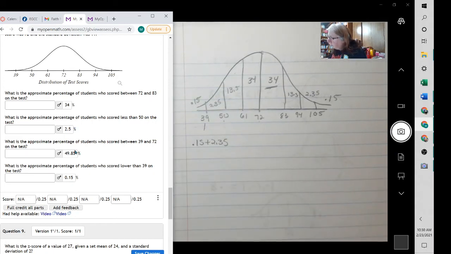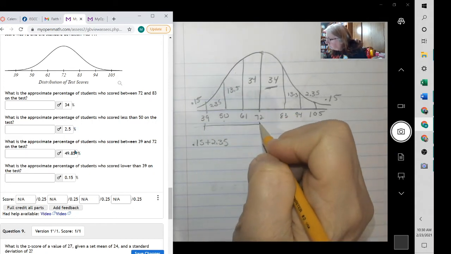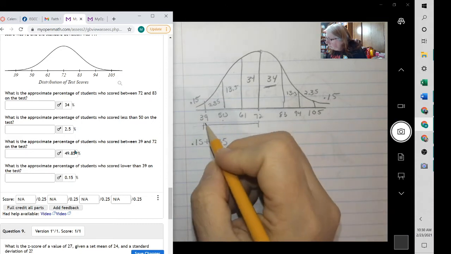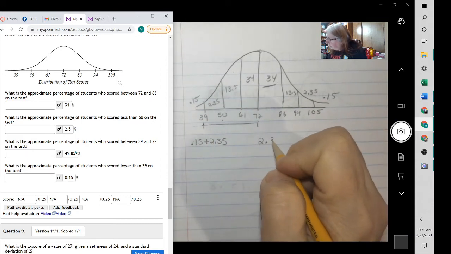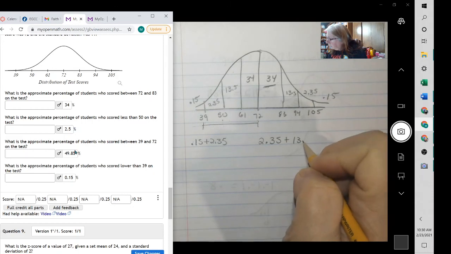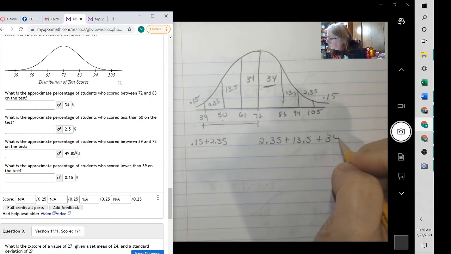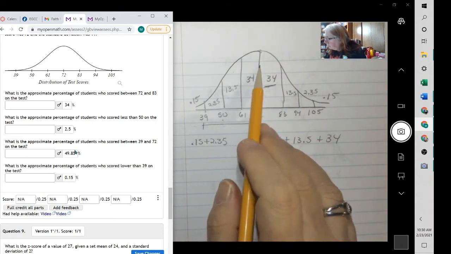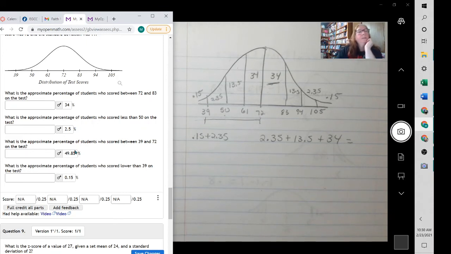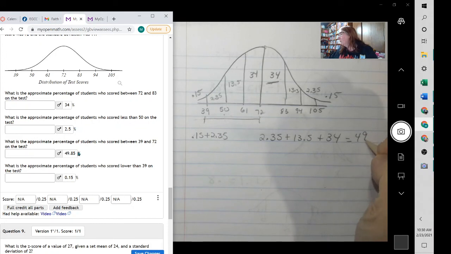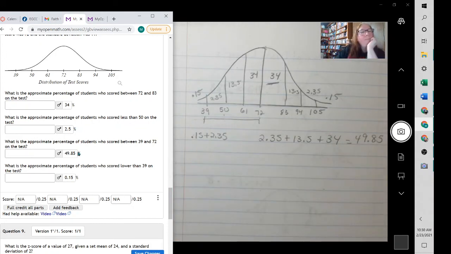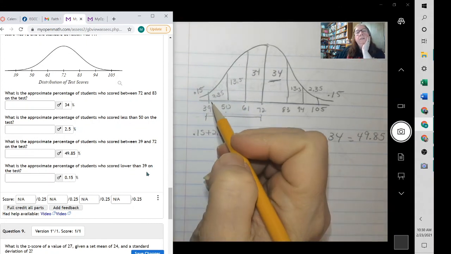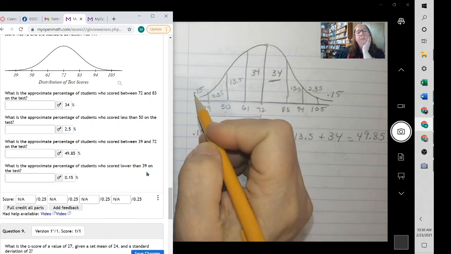That would be 39, 2.35, 13.5, 34, and we stop there. So it's these three, and if we add those up, we get 49.85. The last one, what's the approximate percent of students lower than 39? Lower than 39 would be here, which is 0.15.